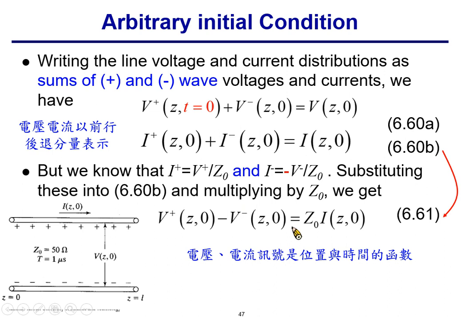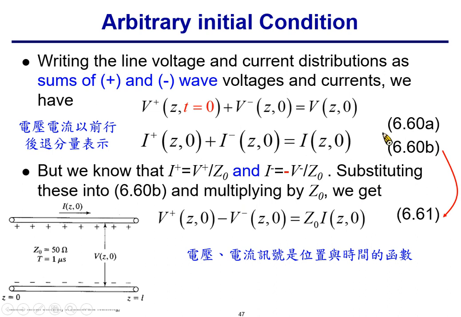Okay, so equation 6.60b can be rewritten with unknowns V plus and V minus. We substitute I plus and I minus into equation 6.60b, and we end up with this equation: V plus minus V minus equals Z sub 0 times total current I. So we have two unknowns, V plus and V minus, and the rest are given by the initial condition and the characteristic impedance of the transmission line.